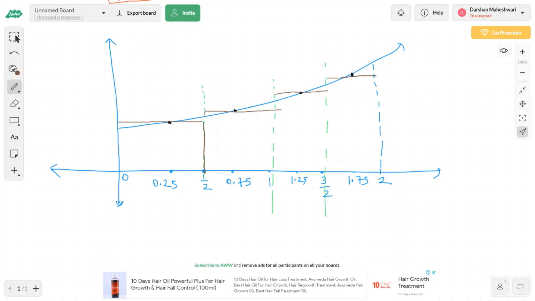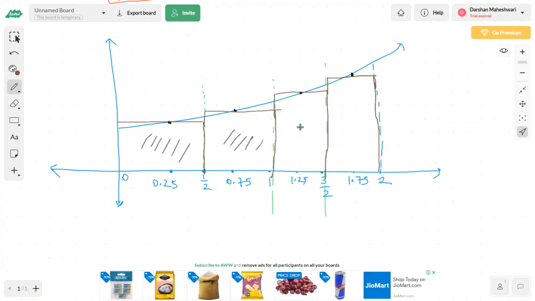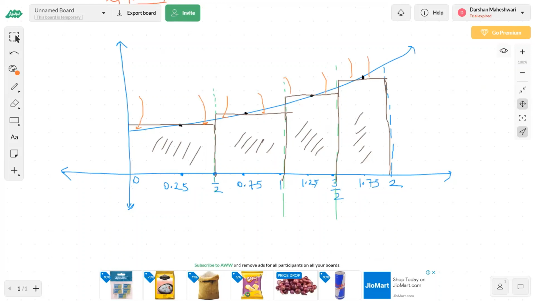So these are the 4 rectangles which we have approximated now. You can clearly see why this is closer to our actual answer. Because if some part is more, then some part is also less. So in a way, it is getting compensated. That's why the midpoint rule is actually more accurate than the left and the right side Riemann sum.